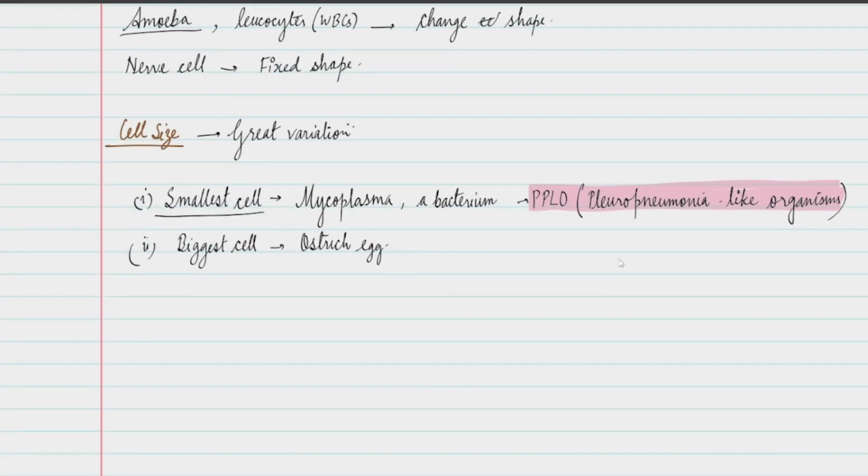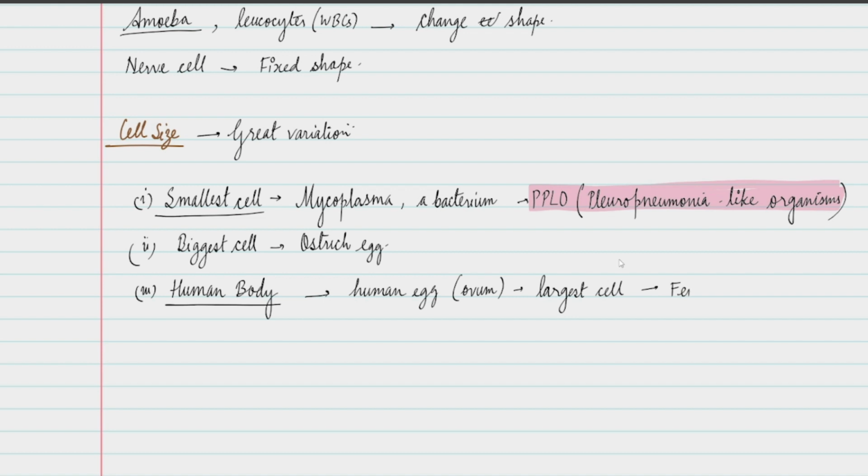And in the human body, what we find is that the human egg, the ovum, is the largest cell. That would be in the female.